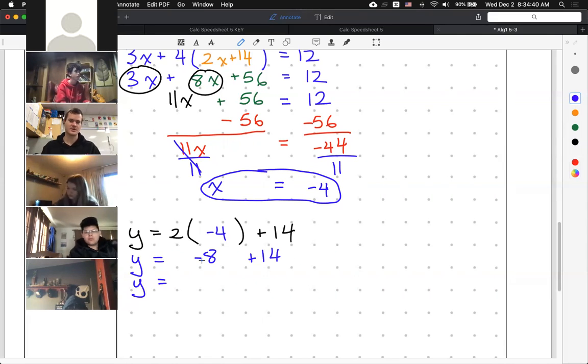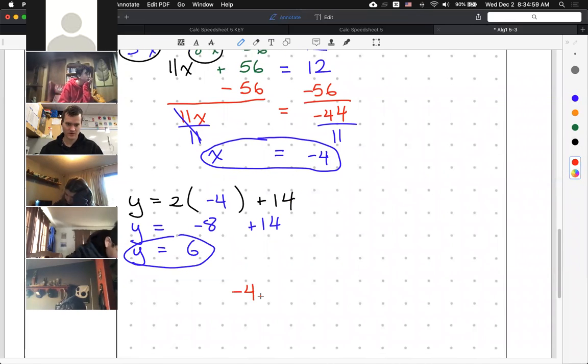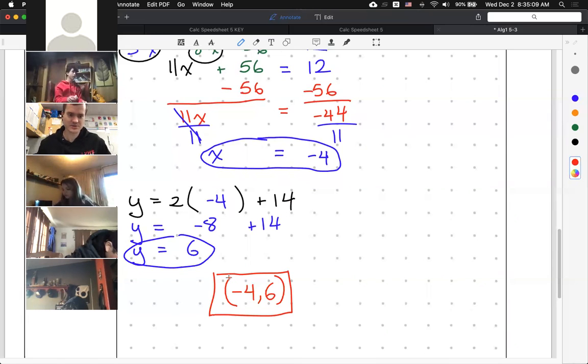So you're doing 14, and then you count down 8. Oh, 6. 6. There it is. Nice. Y is equal to 6. That's the second half of the answer. And then we write our final answer. Our final answer is negative 4 comma 6. And I should put that in parentheses. That is the coordinate of the point of intersection of those 2 points.